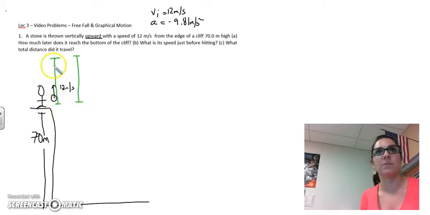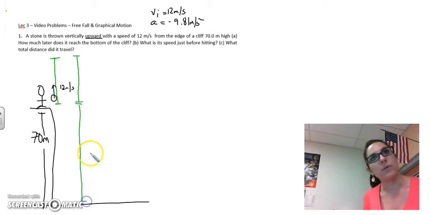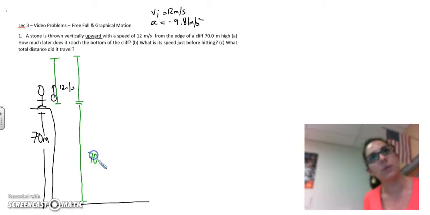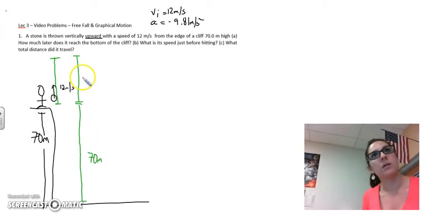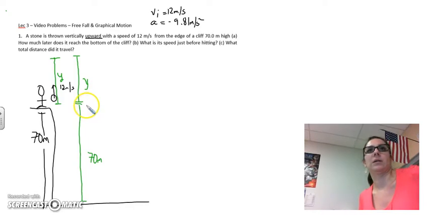Once it comes up, it's going to go down the same distance, at least to the point where it started. And then we have this distance right here, which we already know is 70 meters. I'm just going to label this as some distance x. Well, let's use y since it's in the y direction. These are the same, so that's why I left them the same variable like this.